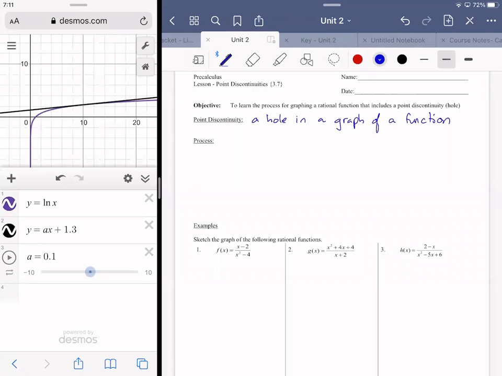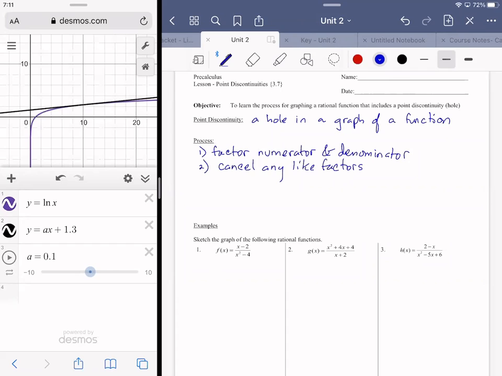So our process is going to be to factor the numerator and the denominator, cancel any like factors, right?